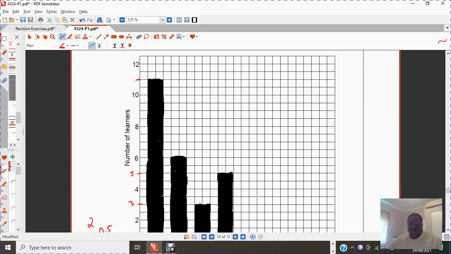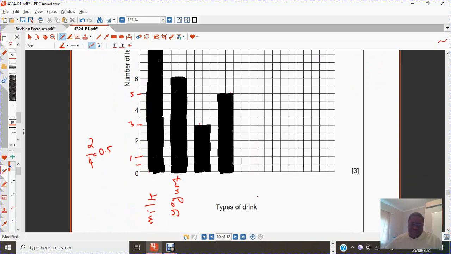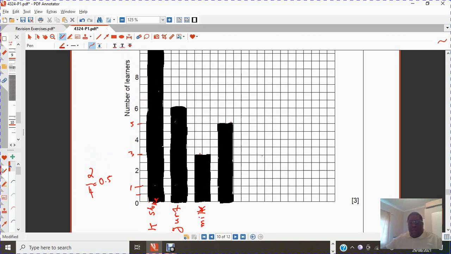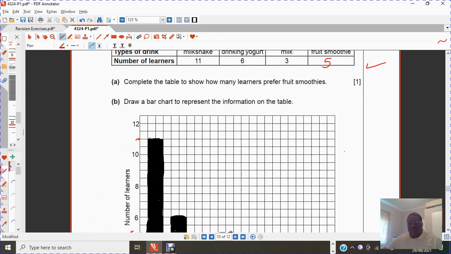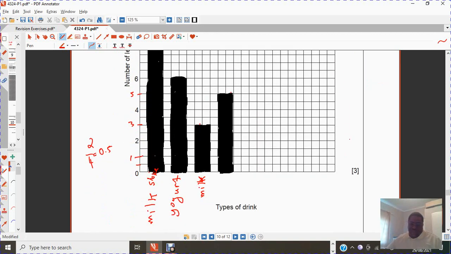So the other one is shake. So maybe this one I will have to write shake. You get the idea. This one is just milk. And then the last one, obviously, I think it's fruit smoothie. So this one will be my fruit. Something like that, more or less.